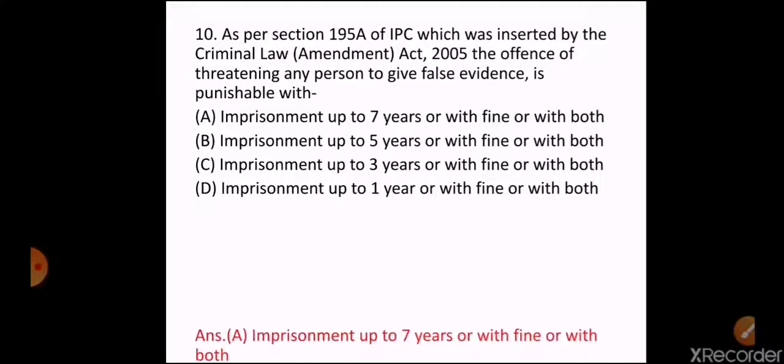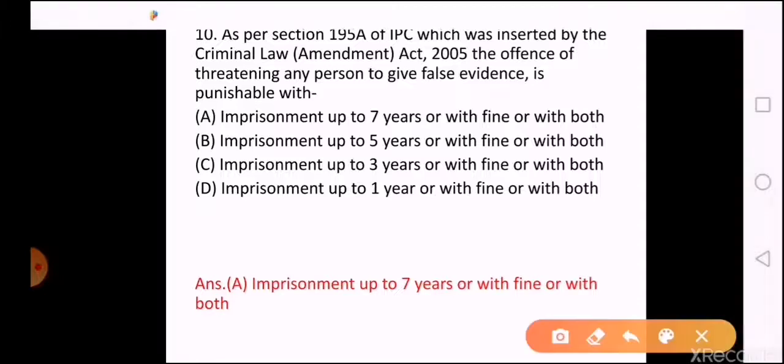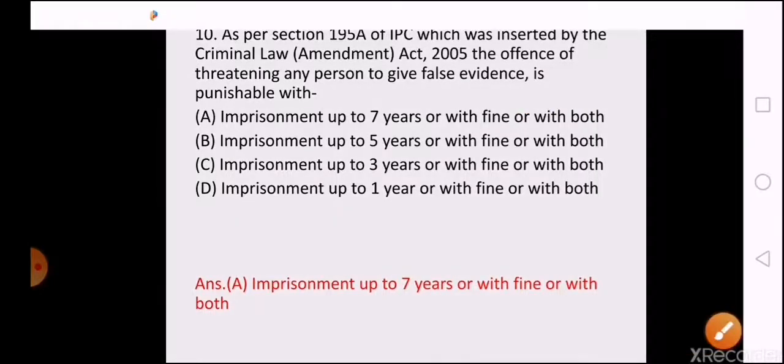The correct answer is option A, that is imprisonment up to 7 years or with fine or with both. So, if you threaten any person to give false evidence, you will be punished with imprisonment up to 7 years. And this was asked in the Rajasthan APO, and this is an important question which you have to remember.